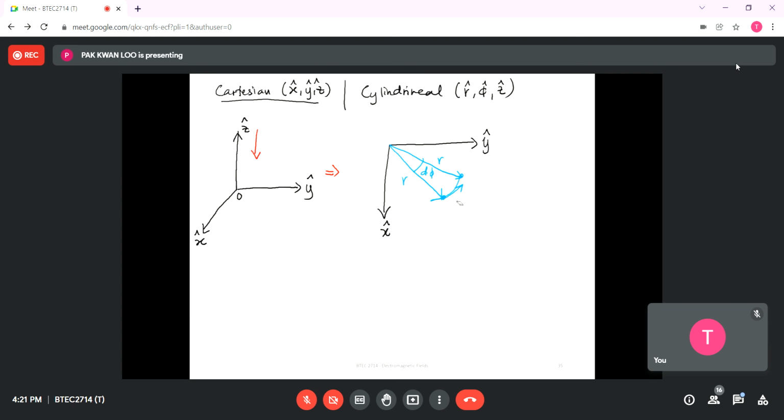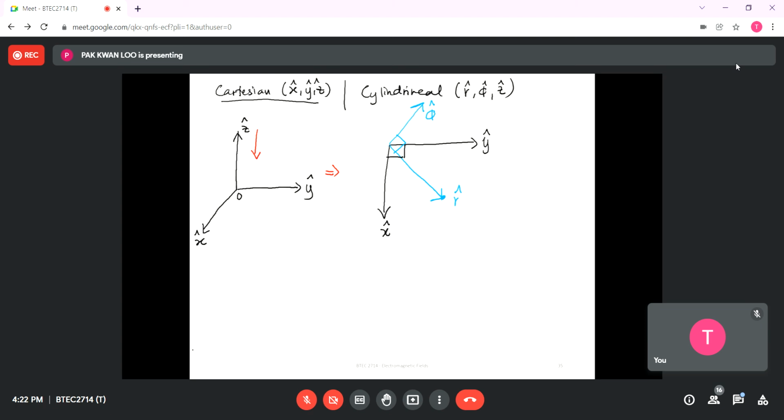So rather than drawing it starting from this point, I'm going to bring this vector here. So this is r cap. The r cap and phi cap are perpendicular, while x cap and y cap are perpendicular.